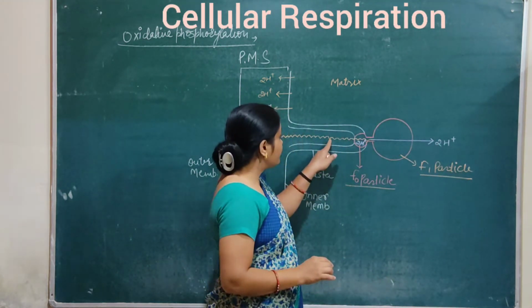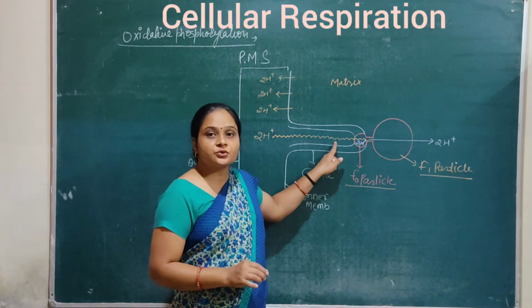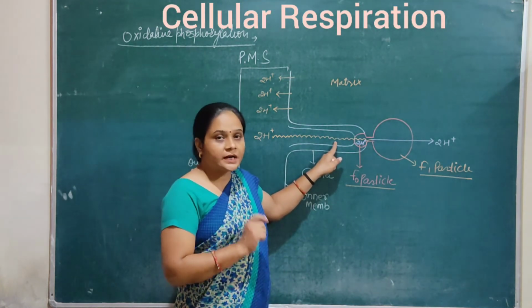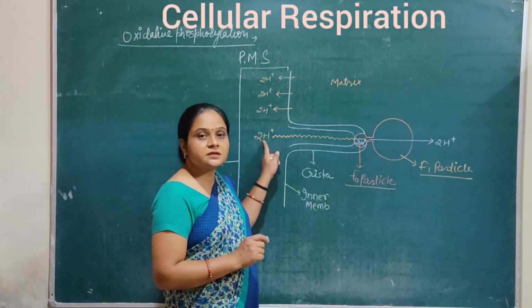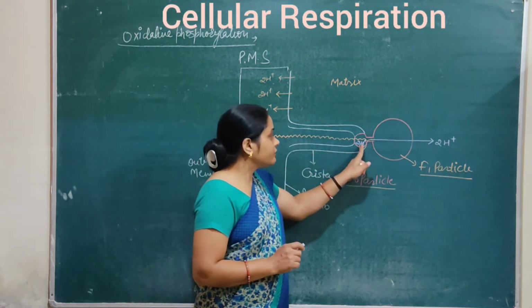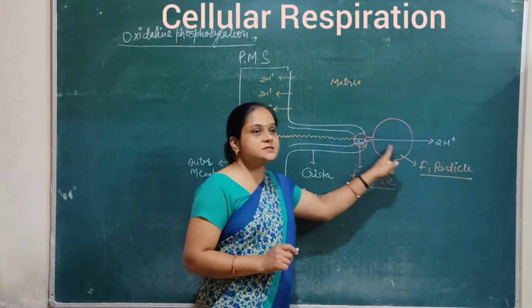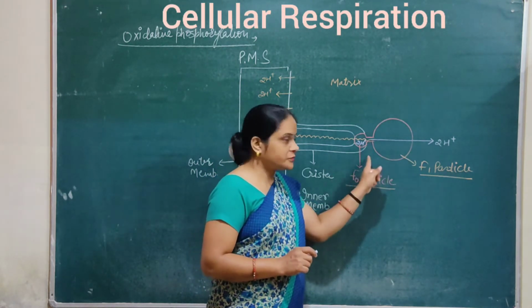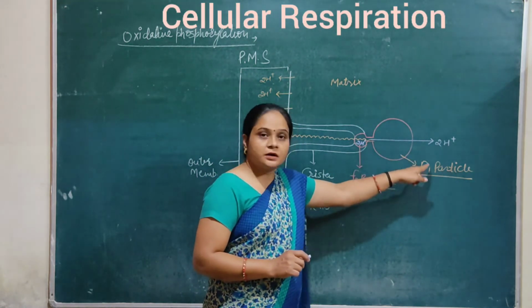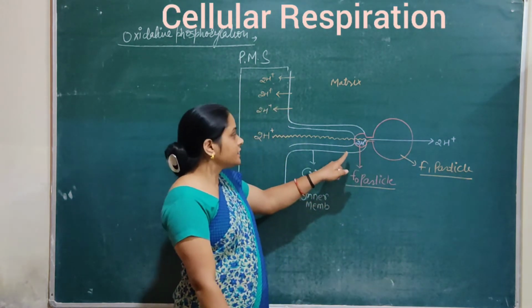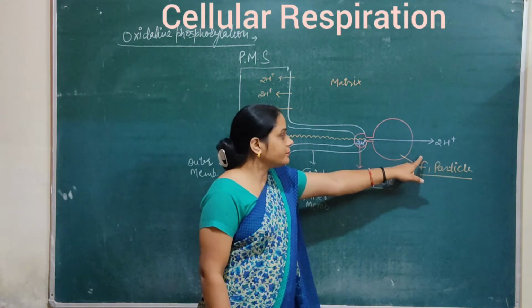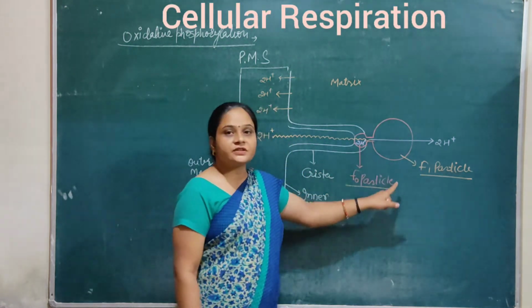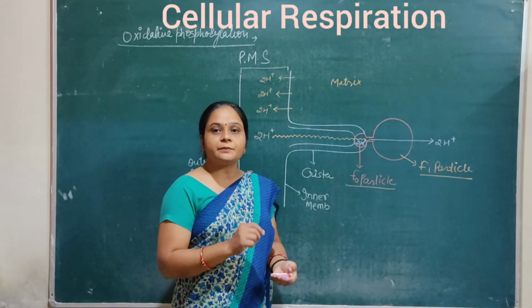With this wavy pattern we are showing here the high energy radiations carried by this 2H positive. Then when this F naught particle passes this 2H positive to the matrix, then what will happen? Then there will be the processing of the 2H positive with the help of ATP production.